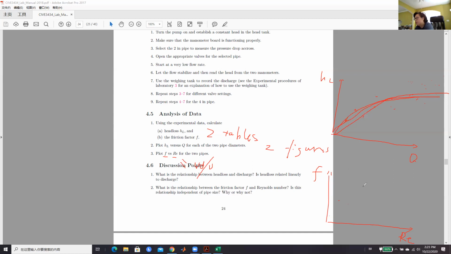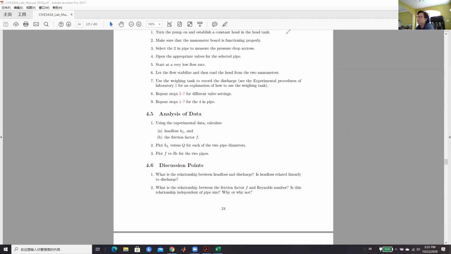So it's another scatter plot, and use Excel to get a trend line like this. Another two figures, so it's pretty straightforward. We need four figures for analysis of data and two tables including the head loss and the friction factor. That's pretty much it for the analysis of data.